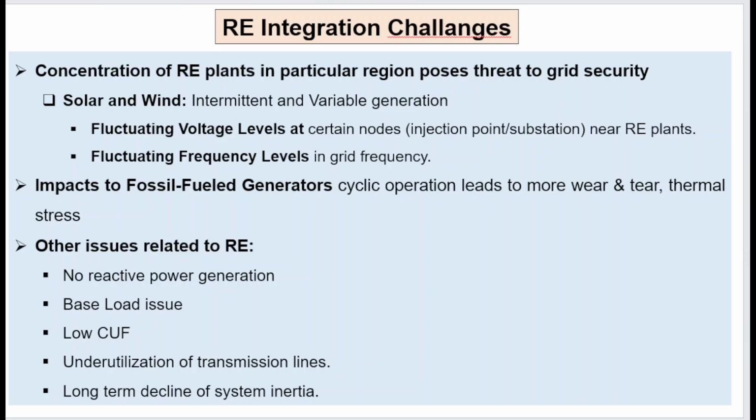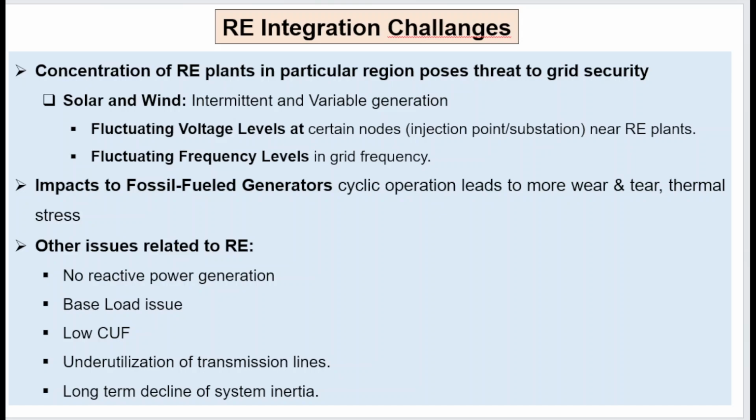What is intermittency? Intermittency means all of a sudden it can go up, it can go down. Like on a cloudy day, the solar energy vanishes. And solar and wind are also variable. That means throughout the day, the solar intensity, similar to the wind speed, is not constant and it varies.